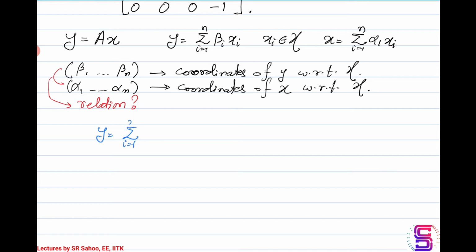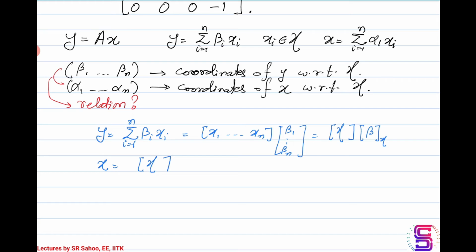We saw that y can be expressed as this. Let us express it in this form, which is more convenient to handle, which I'll write as the basis vectors from x and the coordinates with respect to the basis vector x. Similarly, I can express my vector x with respect to this basis of calligraphic x and the coordinates in this particular basis. So this is what I have.